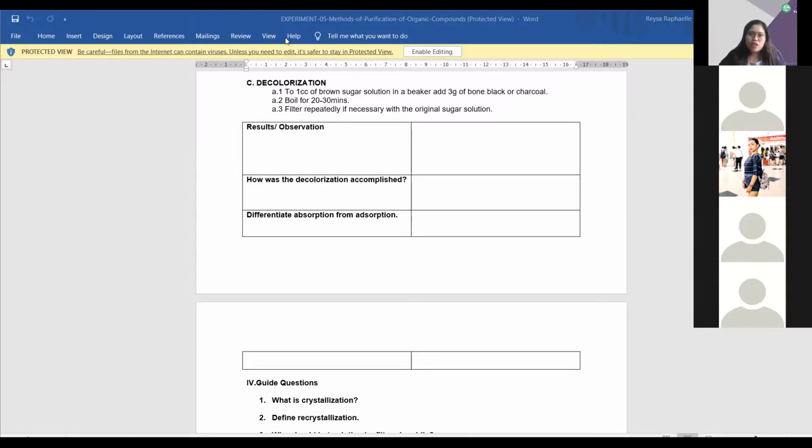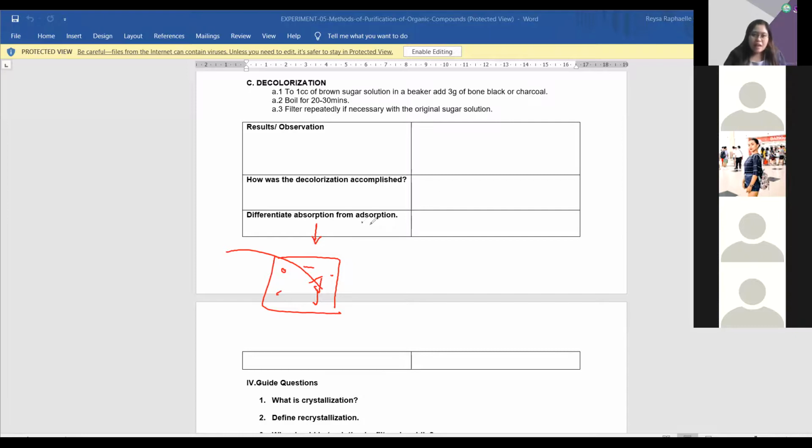So there is a question in your worksheet: what is the difference between absorption and adsorption? Absorption, class, is like a sponge. If you have a sponge and you put it in a glass of, for example, water, it will absorb the water. So the water really goes into the sponge. That's absorption. The particles, the molecules, the chemical substance will really go inside the material.